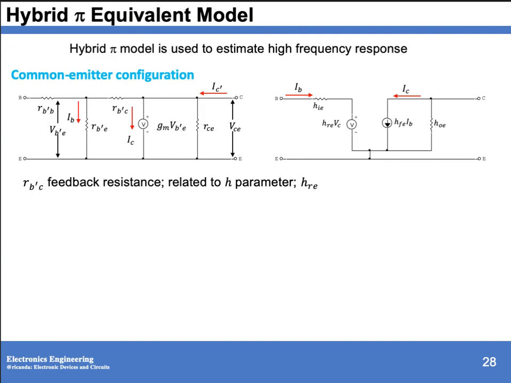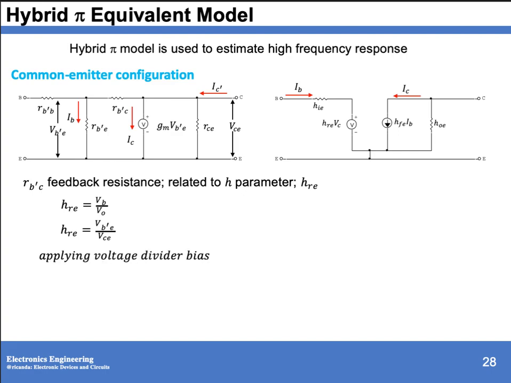In your hybrid model, your voltage input is your voltage at the base with respect to your emitter, and your voltage output is equivalent to your VCE. So in terms of your hybrid pi model, the reverse transfer ratio is voltage B'E over VCE.